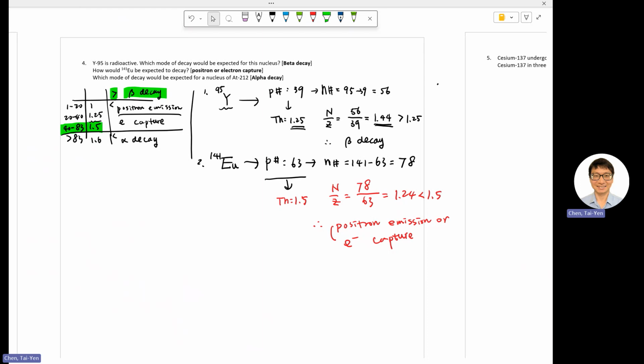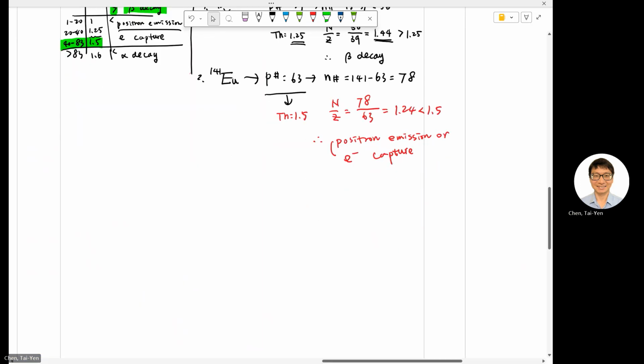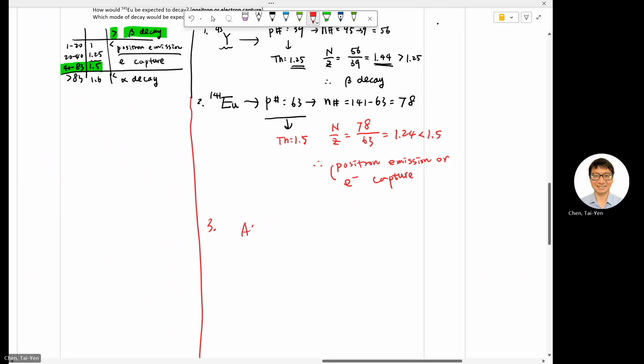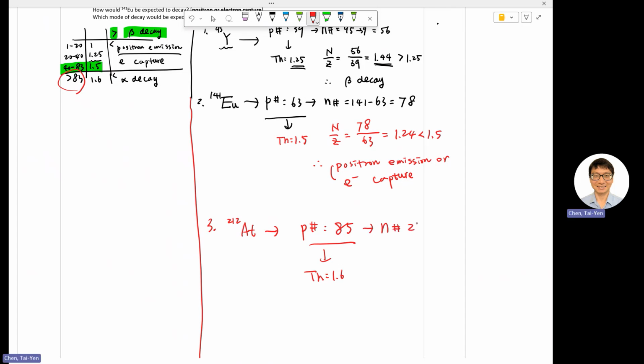Let's do one more practice. The third one asks you about At212. Again, what's the proton number of your At? 85, right? Therefore, it's larger than 83, so the threshold you're going to use is 1.6. Your neutron number will be 212 minus 85, which gives you 127.